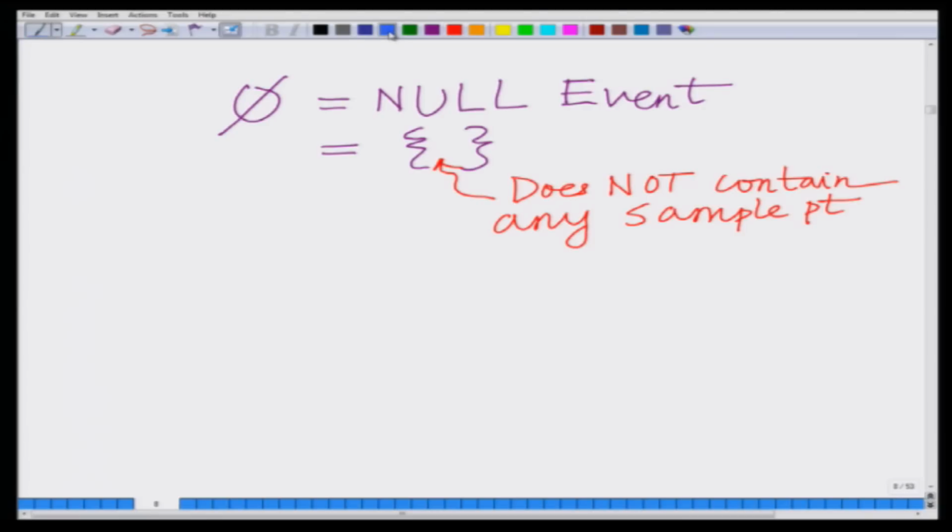Further, we can say two events are mutually exclusive if A intersection B is the null event.